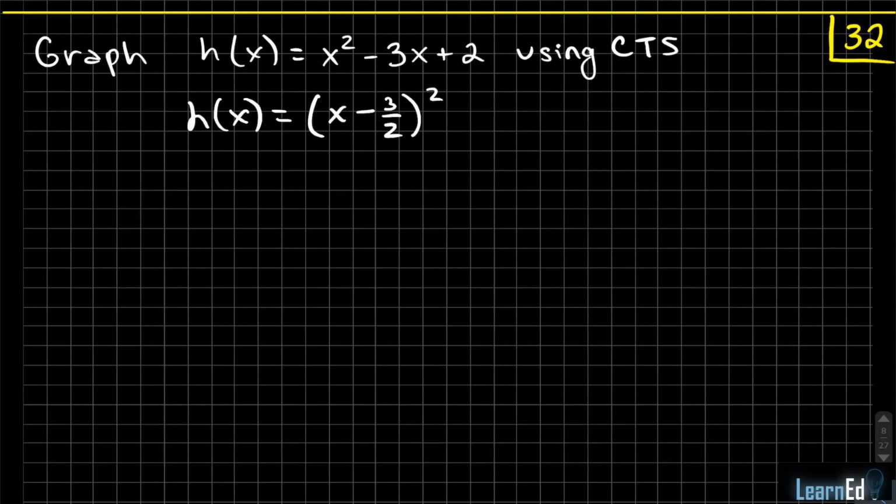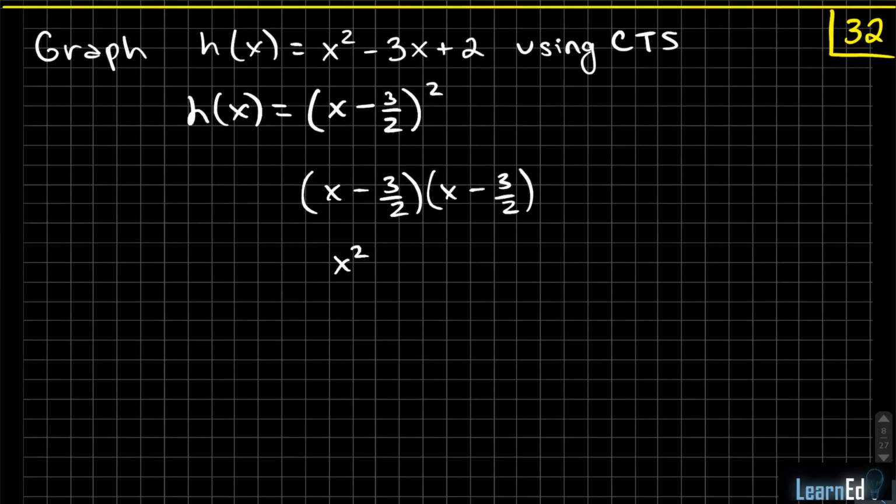Okay, but here's the deal. This is not the same thing as this, because if we were to expand (x minus 3/2) squared, okay, well then we get x squared, we get a minus 3/2 x, minus 3/2 x, and then we get plus 9/4.